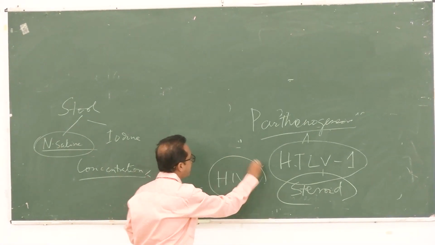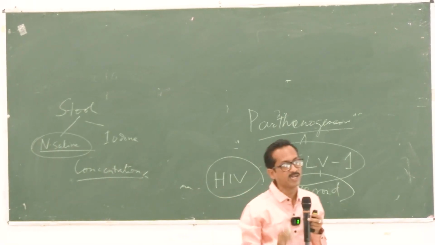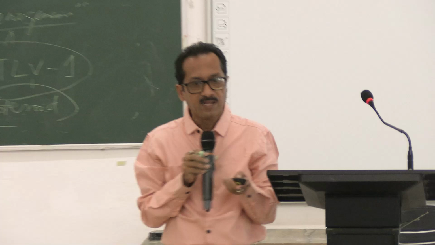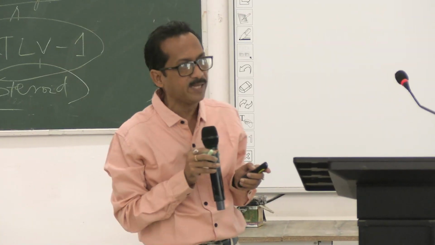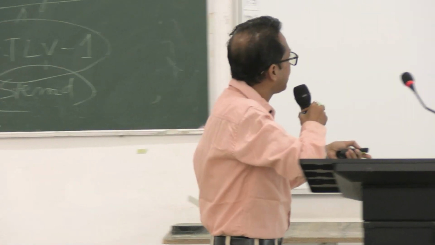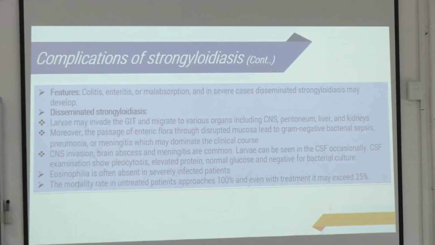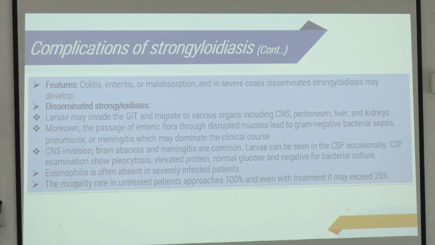So these are the three types of patients: HTLV1, patients on glucocorticoid therapy, and also HIV patients. Colitis, enteritis and malabsorption, disseminated strongyloidiasis may occur.